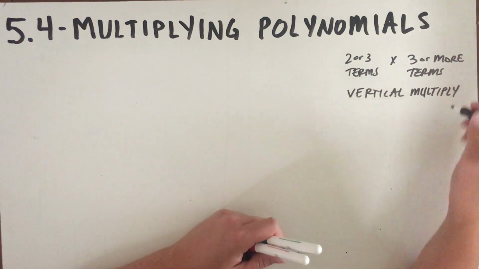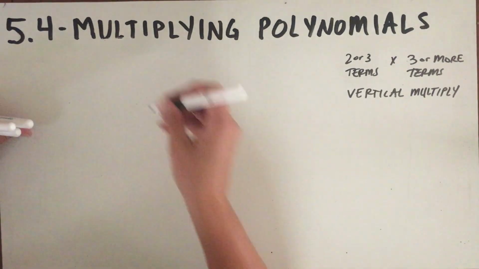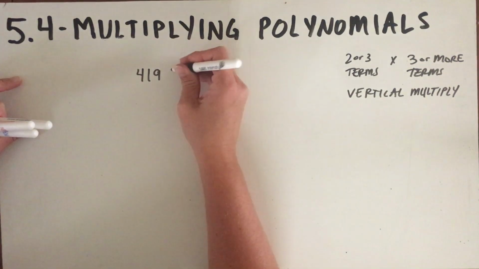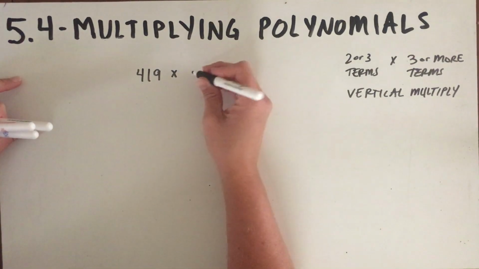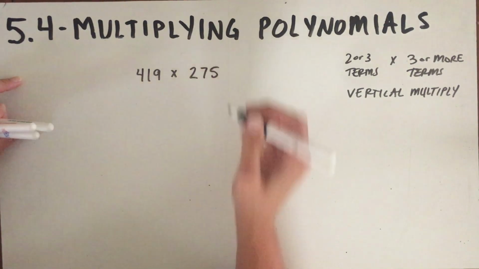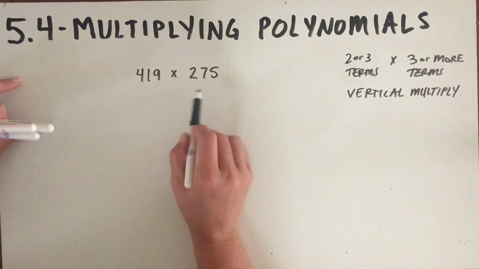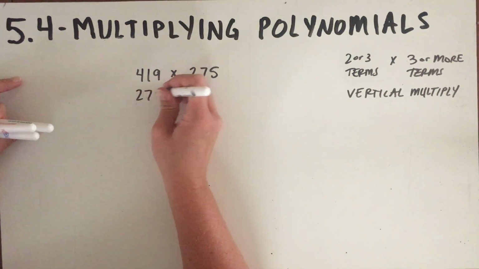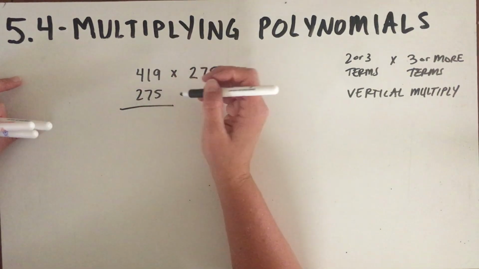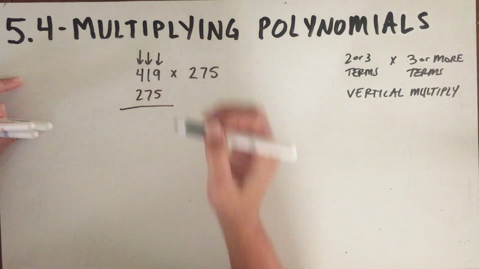So if I said, let's take the number 419, and I wanted to multiply it by 275, the way that I do that is not by keeping them horizontal like this. I'm going to put one under the other, line them up in the ones column, tens column, hundreds column, and then I'm going to multiply.